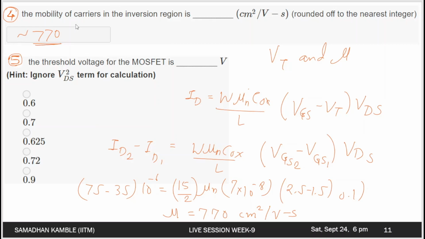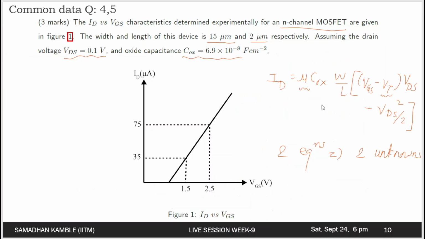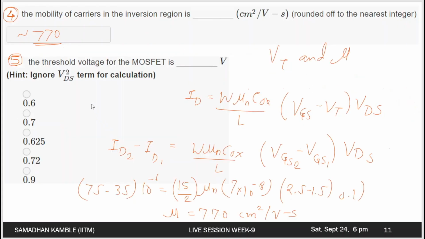Now once we know one parameter, we can substitute the value of mu in this equation. As we know mobility, we can find out Vt, and that value comes out to be around 0.625. So the answer for the fifth question is 0.625.